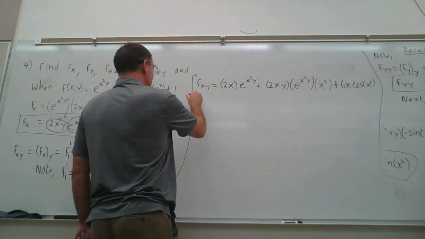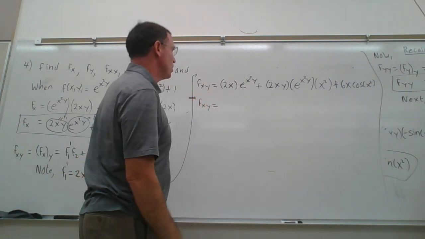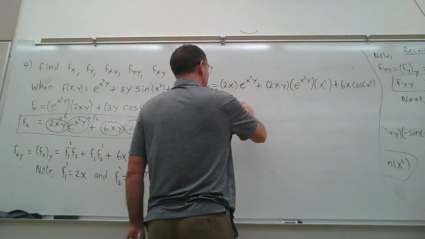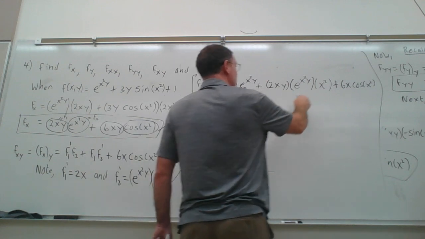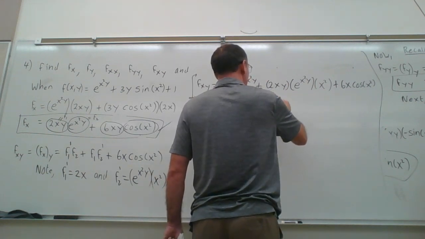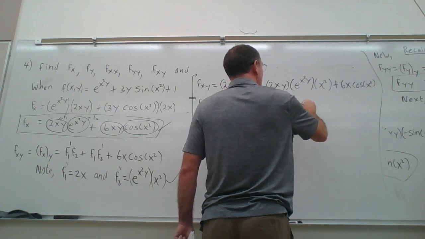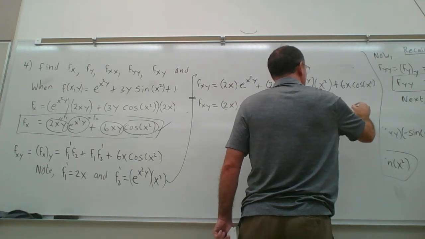Okay, simplifying this a bit. So it would be then 2x e to the x squared y plus, multiplying these would be 2x cubed y e to the x squared y plus 6x cosine of x squared.